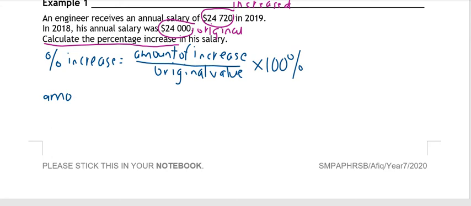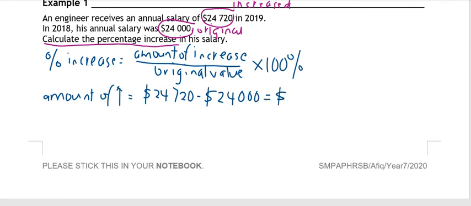Amount of increase is $24,720 subtracted by $24,000. So here you will obtain $720. Now use this amount of increase, substitute it in the formula above along with the original value, to get the percentage increase.